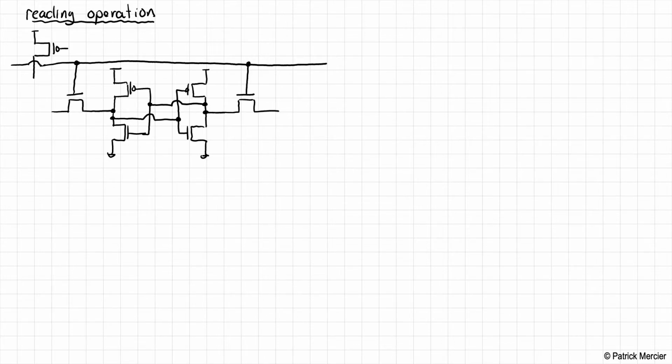Now on the other side, sorry, let's complete the bit line drawing here. Okay. So over here, actually, let me give myself just a little bit more room. We also have a bit line on the other side, bit line bar.